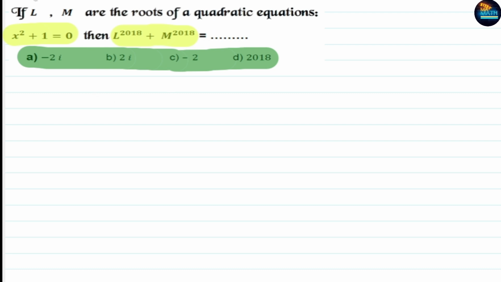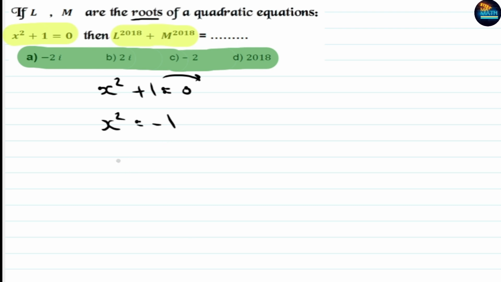All right, so going back to the question, roots means what? It means the solutions of the equation. So the first step is to solve the equation. x squared plus 1 is equal to 0. Moving 1 to the other side, you have x squared is equal to negative 1.